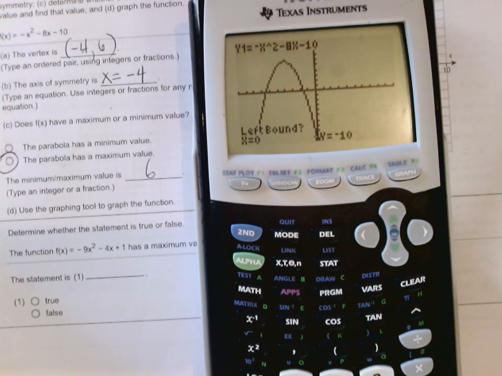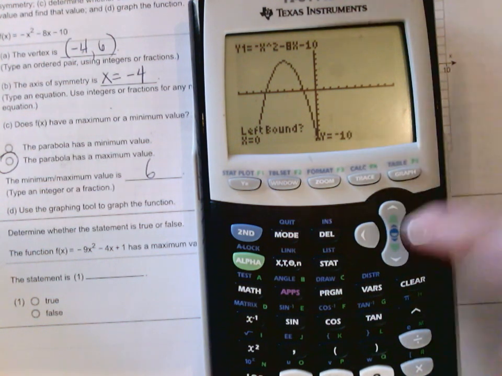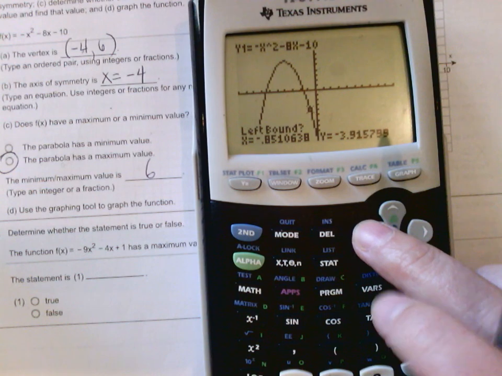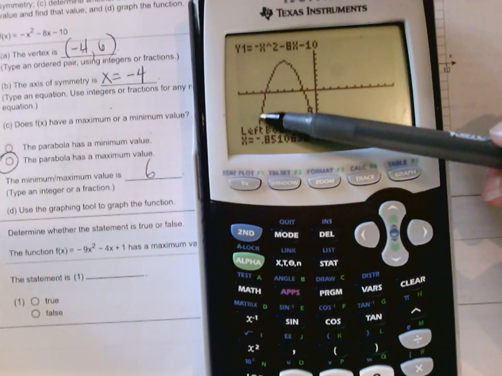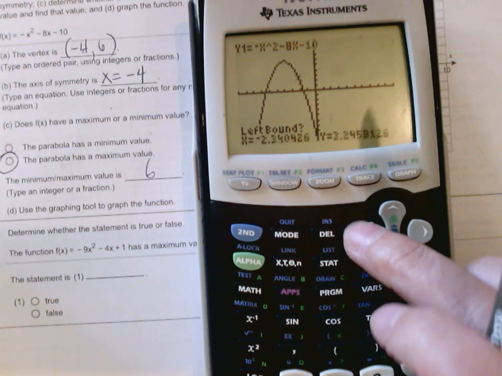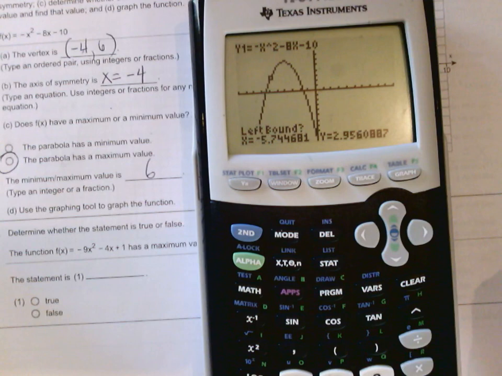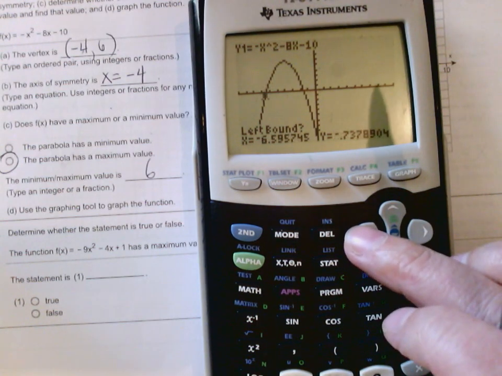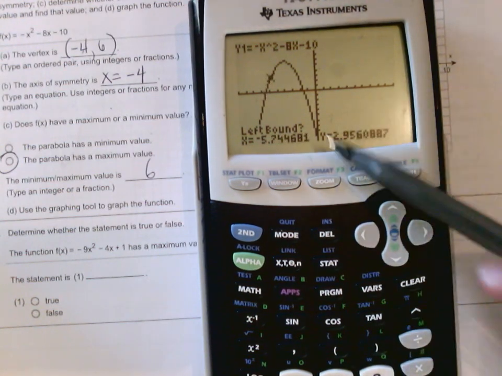Then it wants to know, is your cursor, your blinking X, which I can see right there, on the left side of your parabola? It's not. So let's hit this left arrow until it gets on the left side. Anywhere on the left side is fine, as long as it's crossed over the hump.